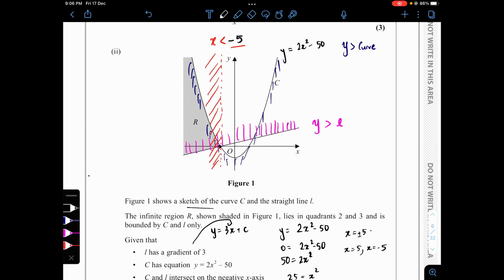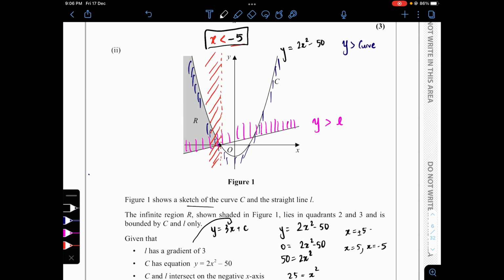So we already have one of the lines that we need for our region R: x is less than negative 5. Oh, is it less than or equal to? If you remember, a dotted line is when it's x is less than a value or x is greater than a value. A solid line is when it's x is less than or equal to, or x is greater than or equal to.